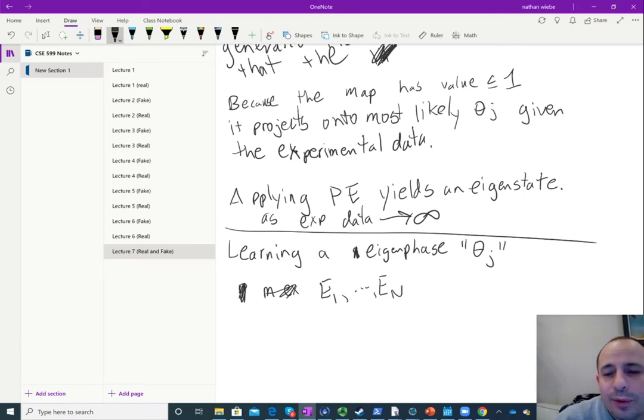And what we would like to be able to do is estimate the value of theta j, given all of those outcomes.